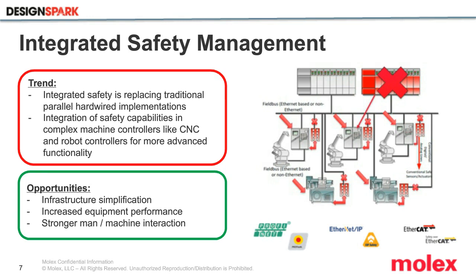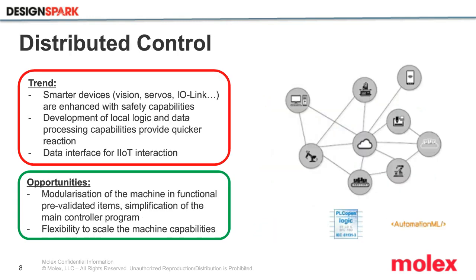So for trend 2, distributed control. The automation devices installed on a machine are getting smarter, with extended sensing or control capabilities like vision systems or servo drives.